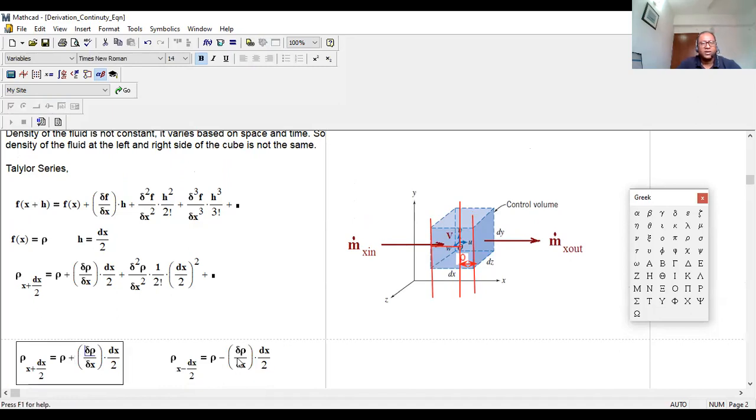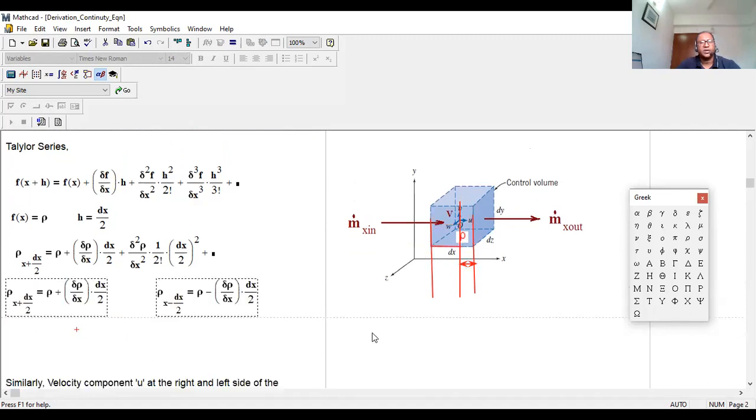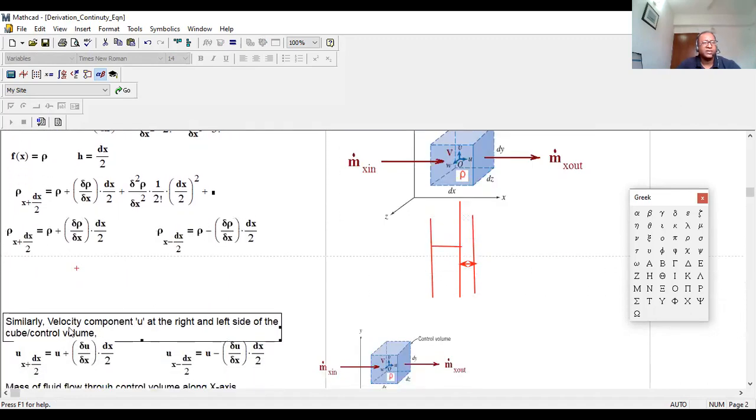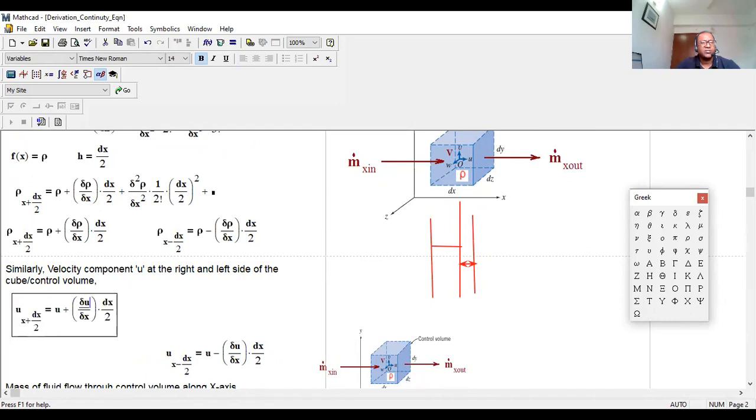Now we need to figure out the velocity of the fluid at these 2 points. How will we get the velocity? Similarly, the velocity component u at the right and left sides of the control volume. So at the right side it will be this one.